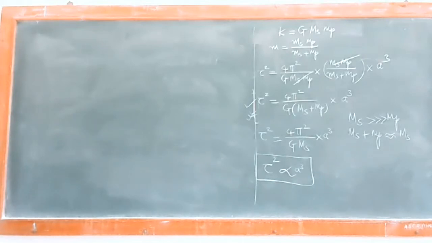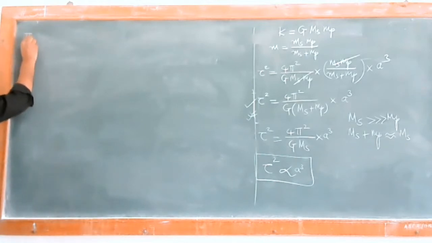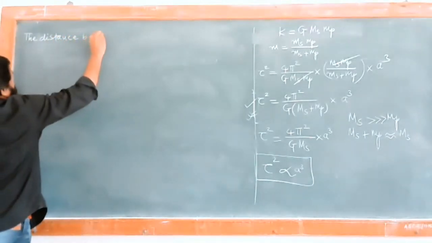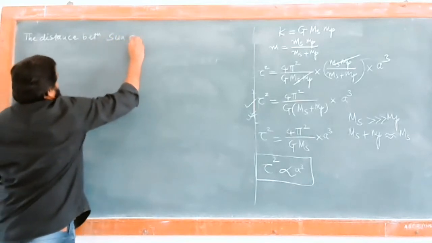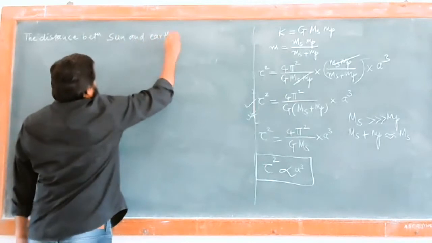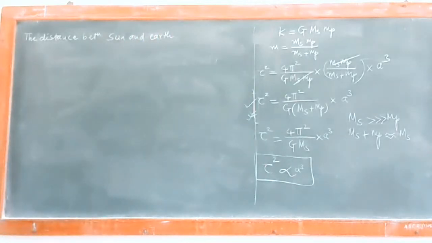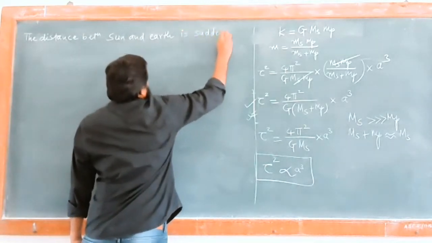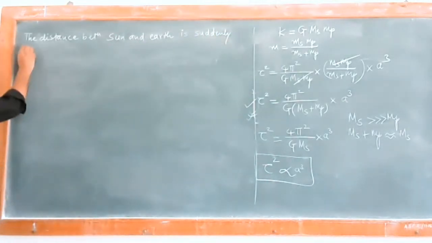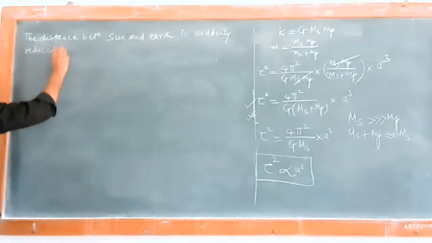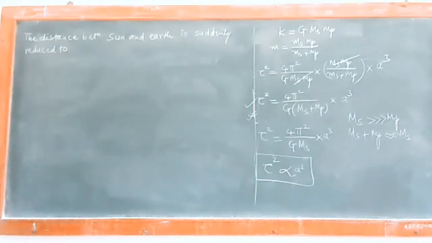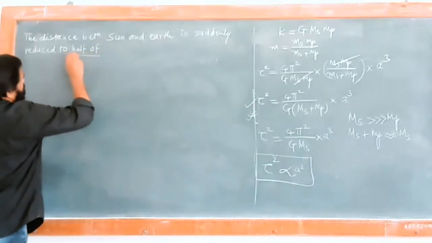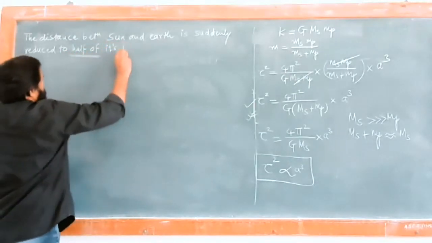The distance between Sun and Earth is suddenly reduced to half of its present distance.